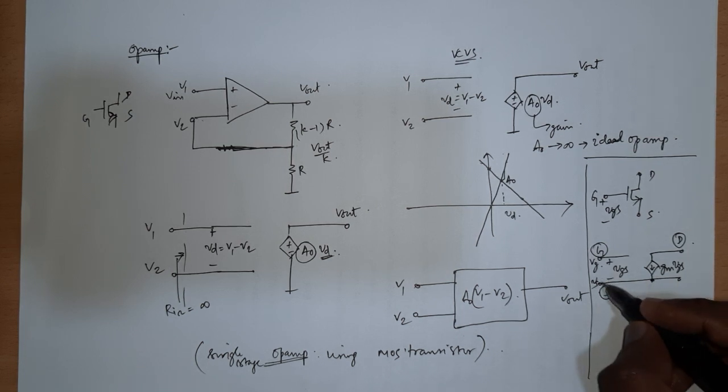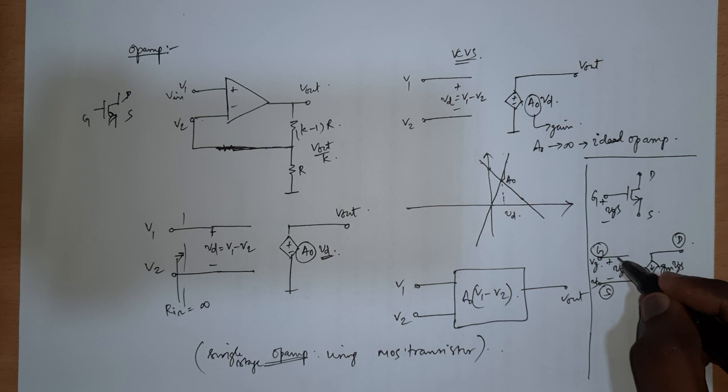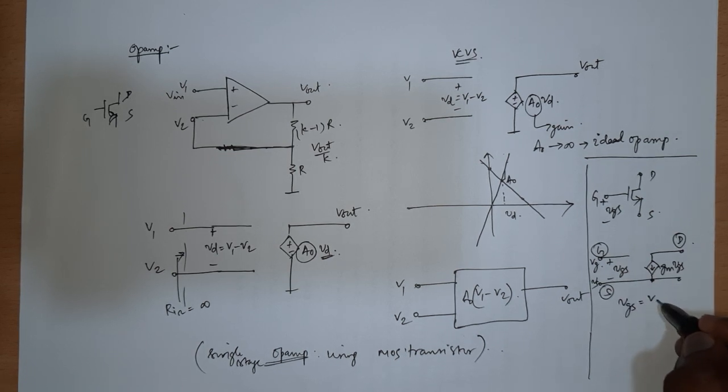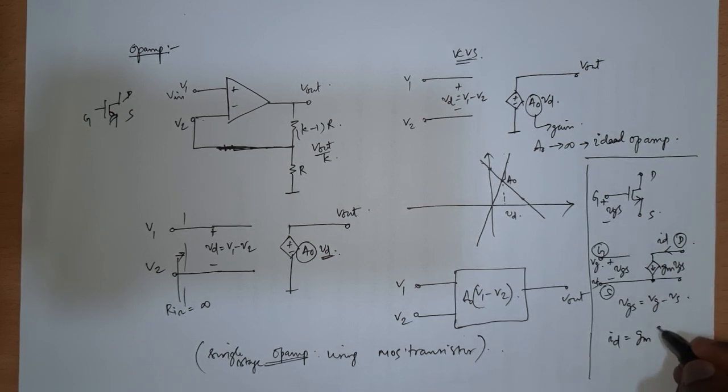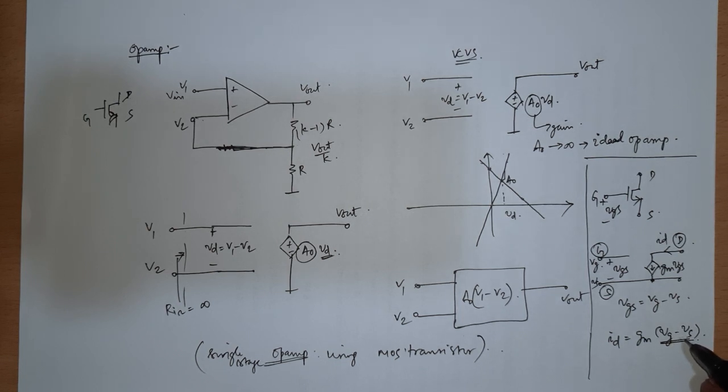So this is my VS and this is my VG, and VGS is equal to VG minus VS. And you see this current source ID, this ID is nothing but gm times (VG minus VS). So it's actually the difference between the input voltage VG and the other voltage VS, multiplied by some gain, here a transconductance, that is your output current. If I pass this current through some resistor, I am going to get some output voltage, which is also a response to only the difference between the signals. This is exactly what I wanted.